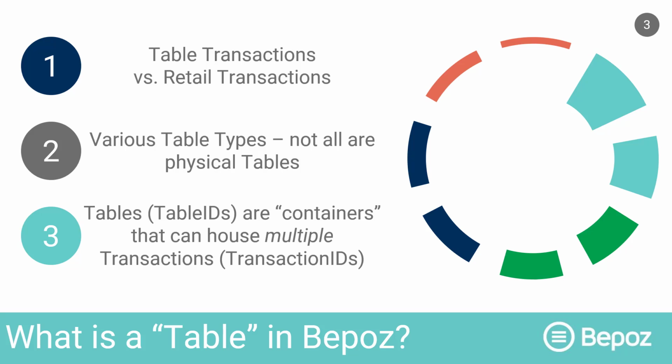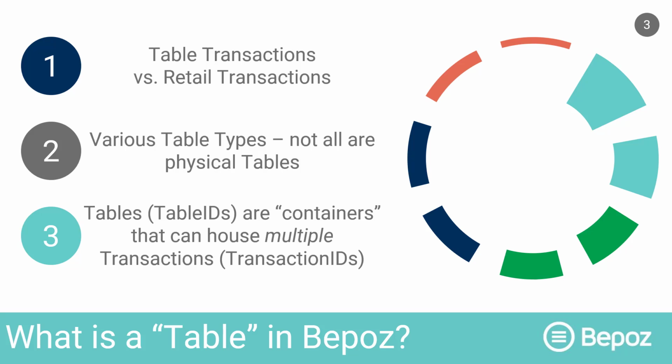By and large, the main difference between table transactions and retail transactions is that retail are sort of one and done, while table transactions can usually be saved temporarily and reopened and edited prior to being finalized. There are some caveats to that statement depending on the type of table, but we'll cross that bridge when we get to that in a few minutes.